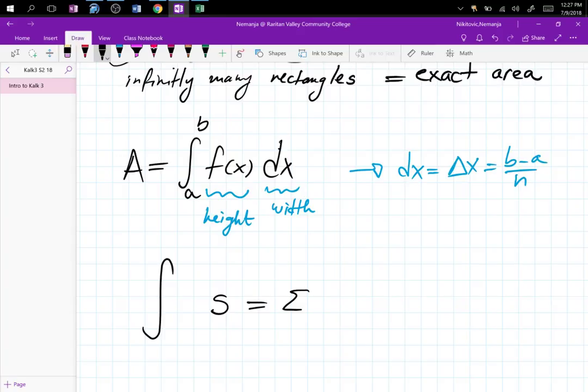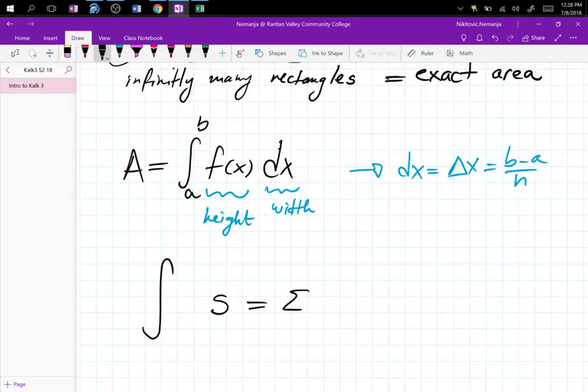The squiggly line is a stretched s, right? So you have s, which stands for sum, and that's what adds all of the infinite amount of rectangles that are under the function between a and b.